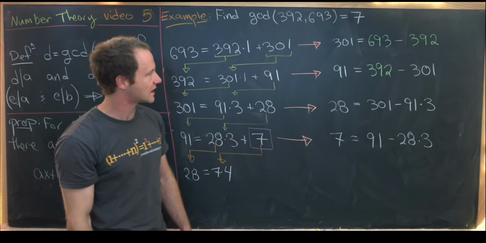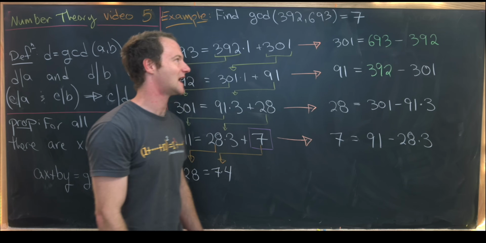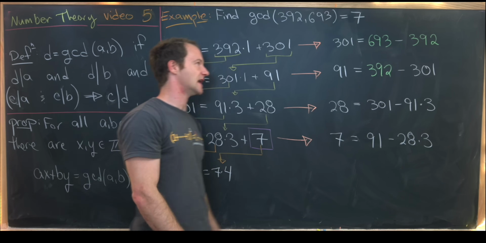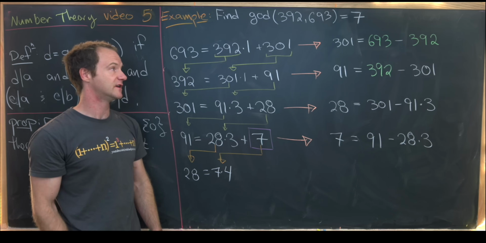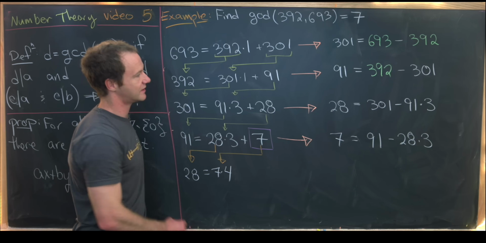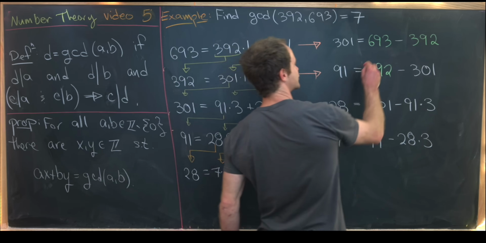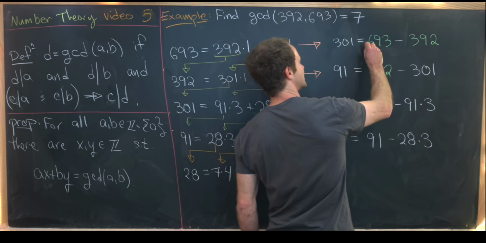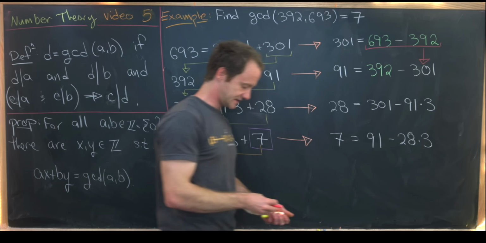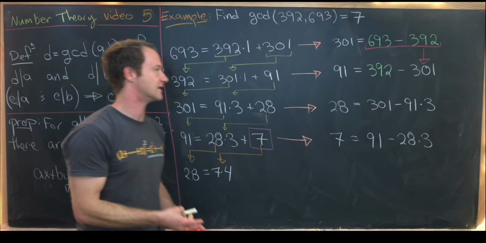So now from here, what I'll do is substitute from the top to the bottom until 7 is written as a linear combination of 693 and 392. So I'll start by taking this version of 301 and substituting it into the 301 that lives right there.